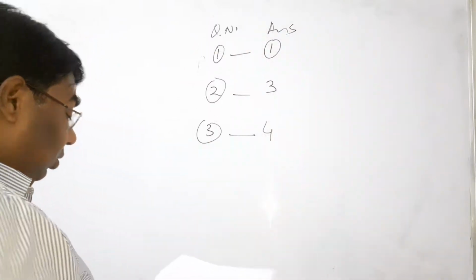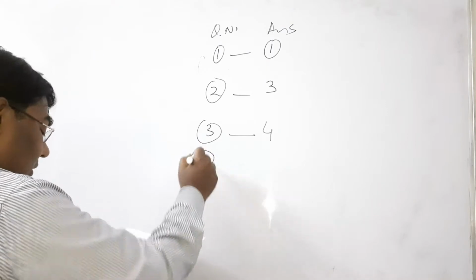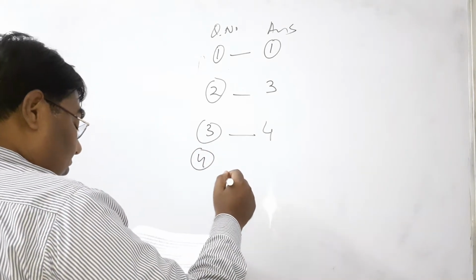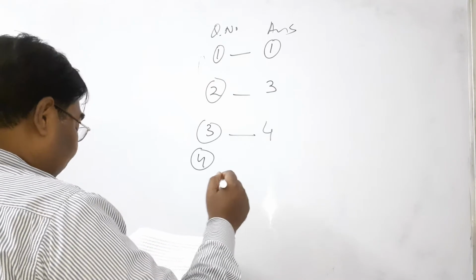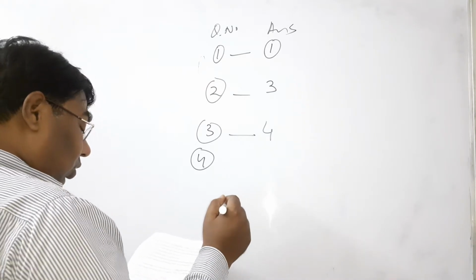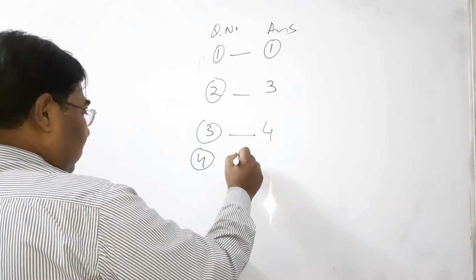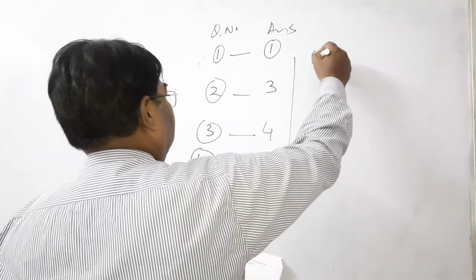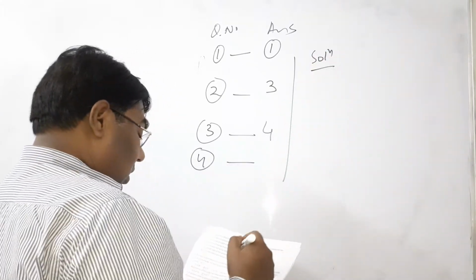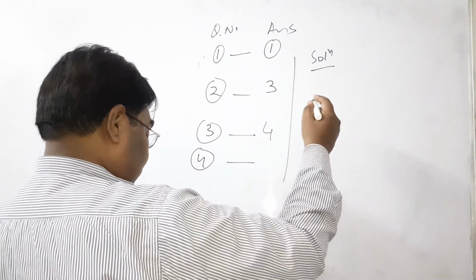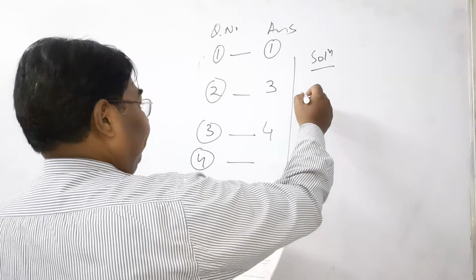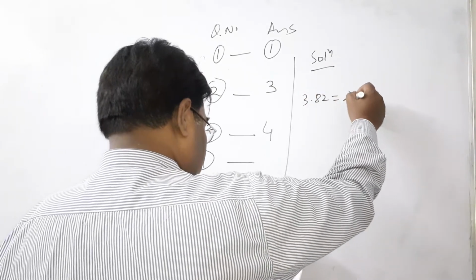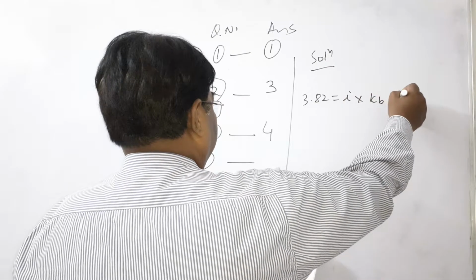Now we are talking about question number 4. In this, calculate the amount of Van't Hoff factor. To solve this, for the fourth solution, 3.82 is equal to i into Kb into m.